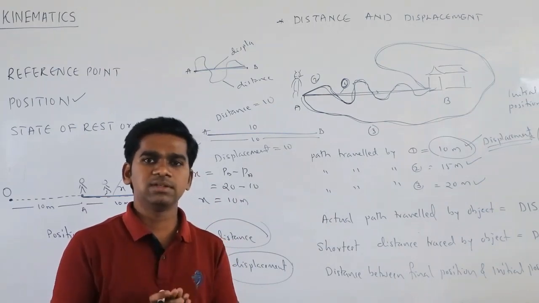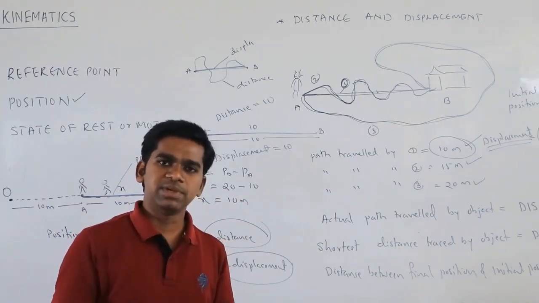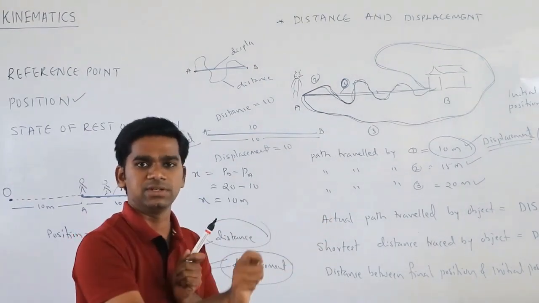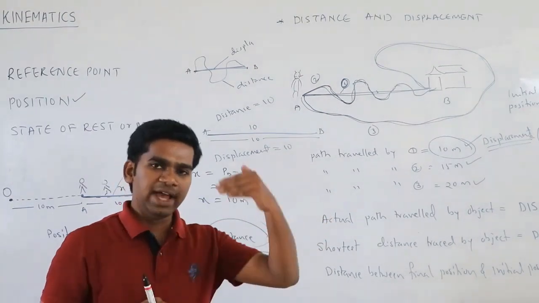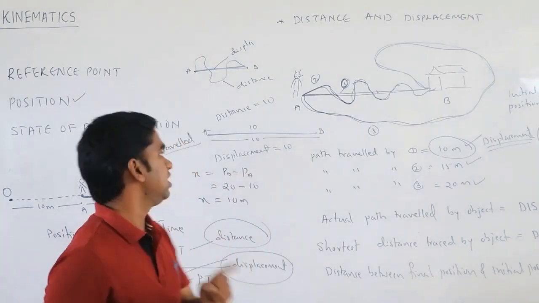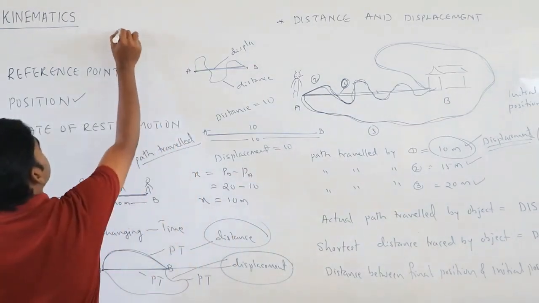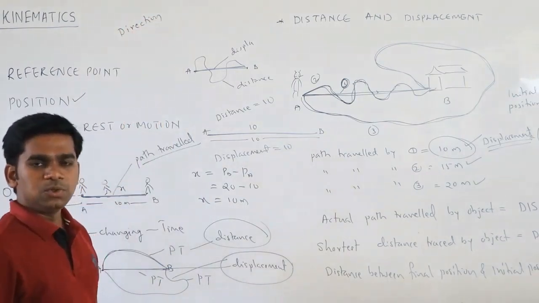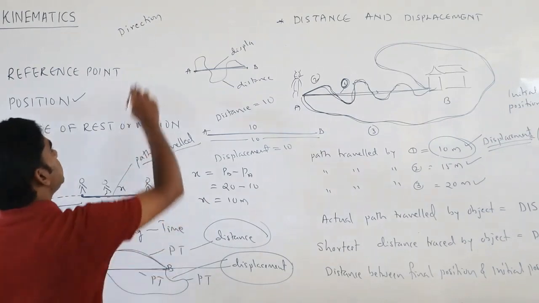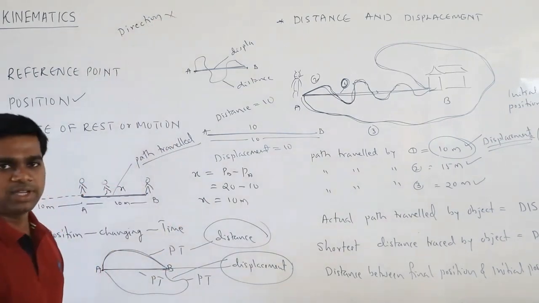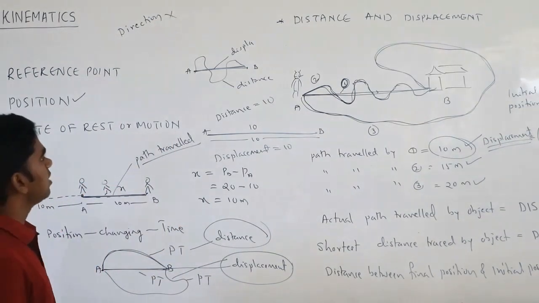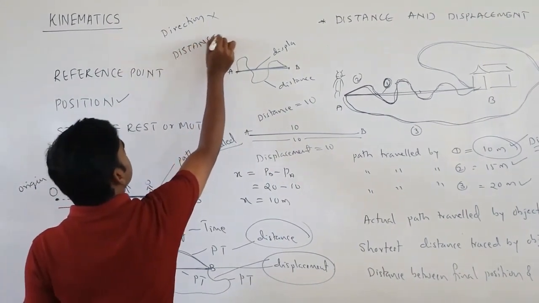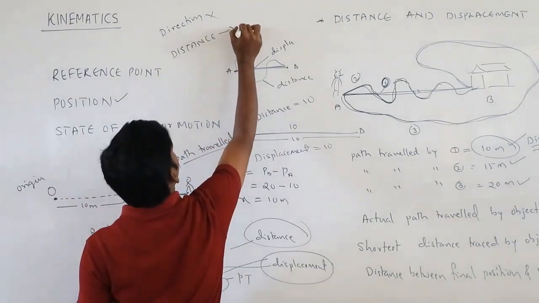Then one thing we understood: to measure displacement, we always have to measure the path in the straight direction. That means to identify displacement, what is required? The required thing is direction. To measure distance, direction is not required. So what can we conclude? Distance has no direction.